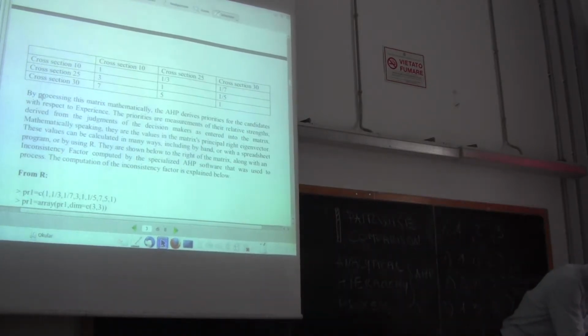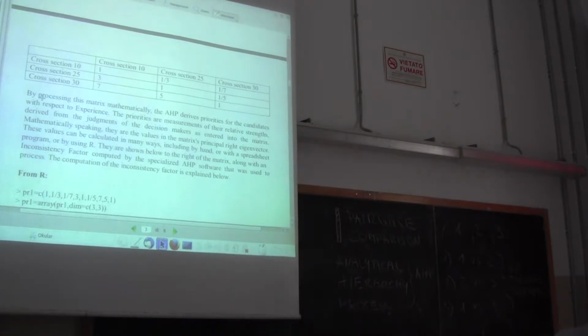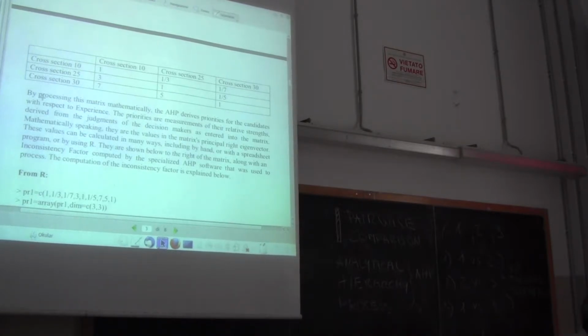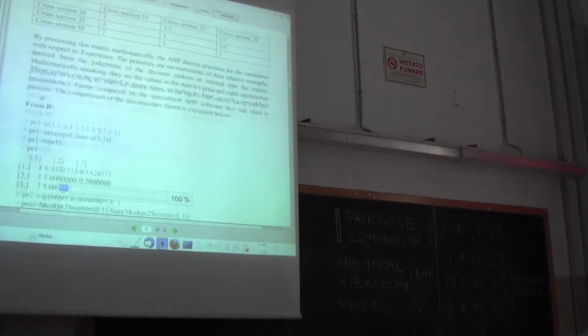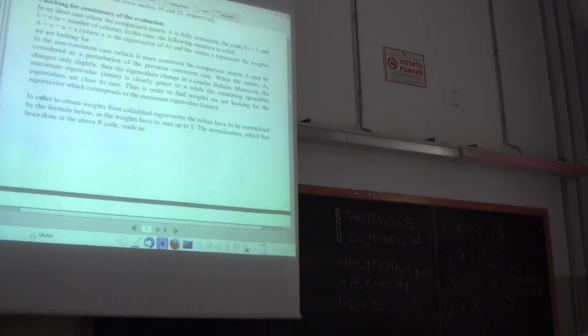Now, just in order to be more clear, what is the right eigenvalue or right eigenvector of a matrix? Basically, I think I put a definition here.